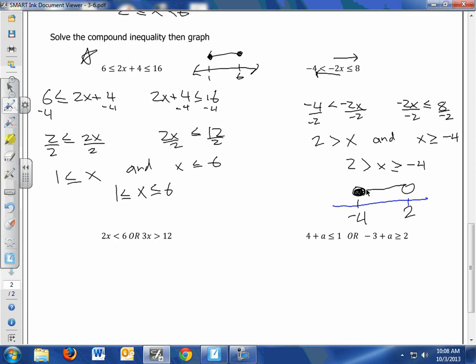All right? I want you to do these two or statements. They're actually easier. And graph them. And then we'll be done for the day, and then you'll do your homework.